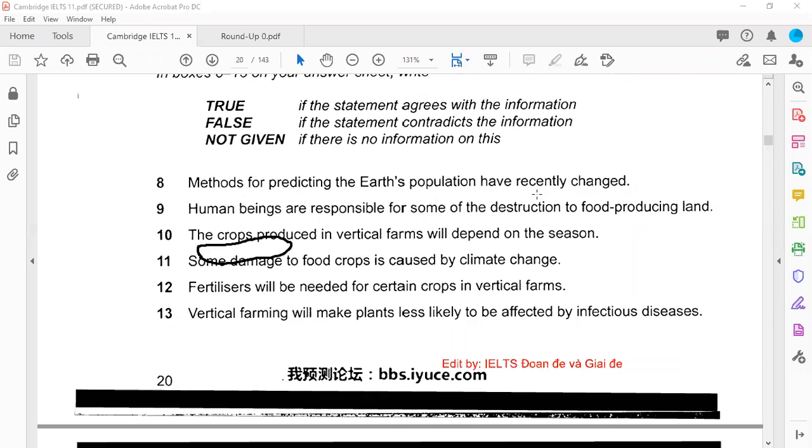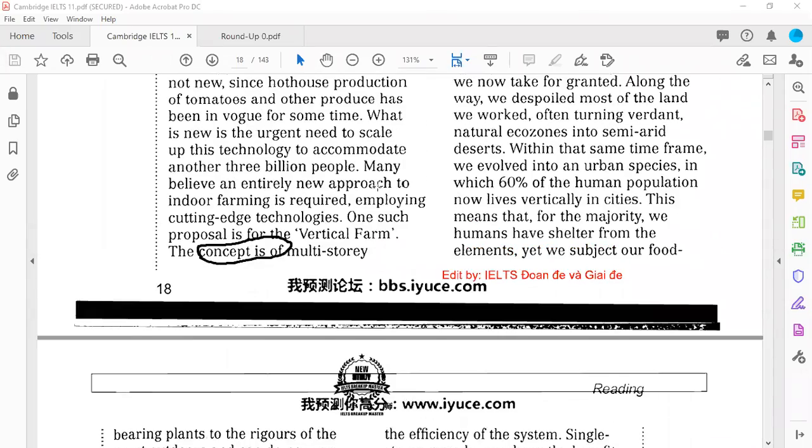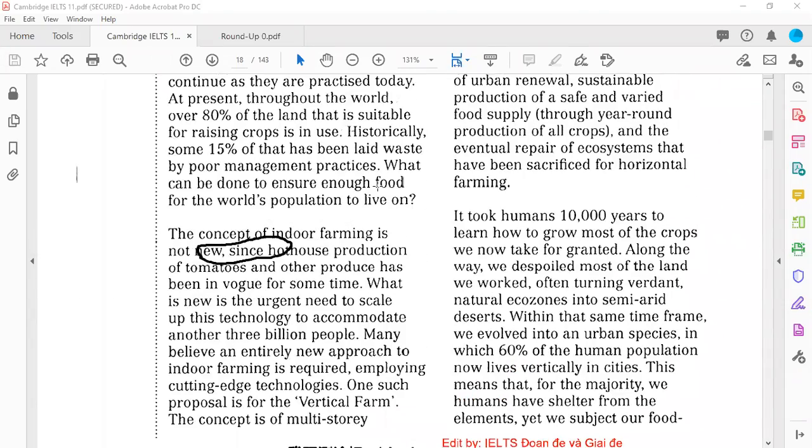Human beings are responsible for some of the destruction to food-producing land.